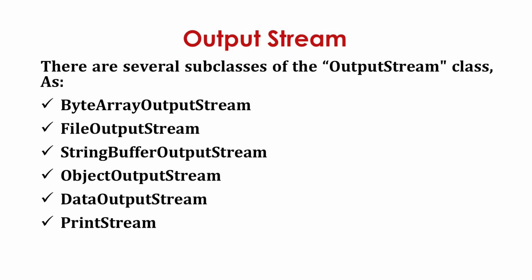There are several subclasses of the output stream class, such as byte array output stream, file output stream, string buffer output stream, object output stream, data output stream, and print stream.